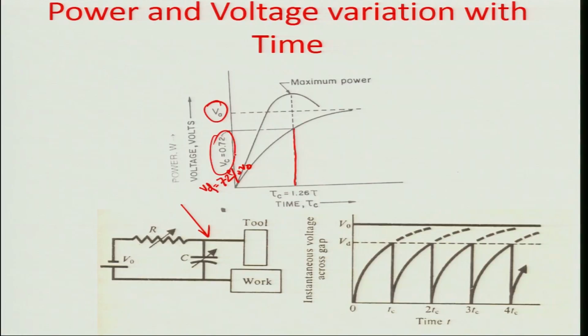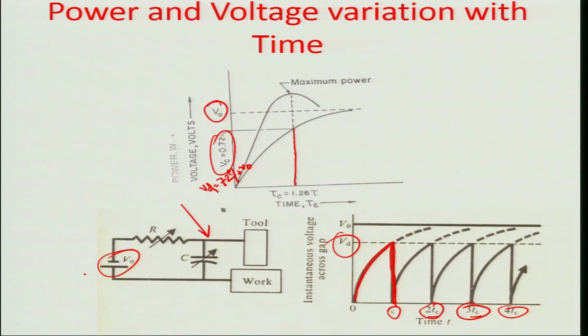So if I want to do it multiple times, one charging cycle is typically TC. We assume that the sparking time is almost insignificant in comparison to the charging time. So the charge delivery would happen as a function of TC, and then in each cycle it gets pushed forward by TC, so you have 2 TC, 3 TC, 4 TC, and so on, each time having the charging discharging cycle take place at VD corresponding to 72% of the input voltage V0.